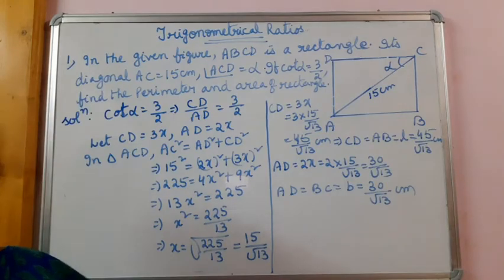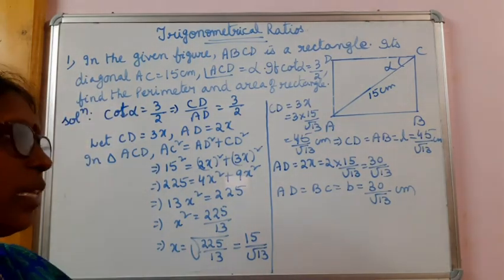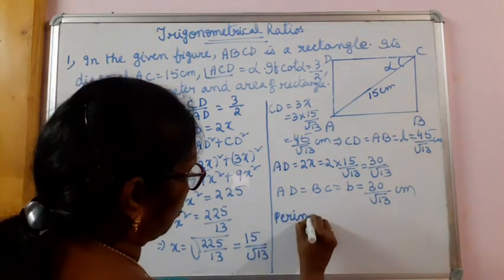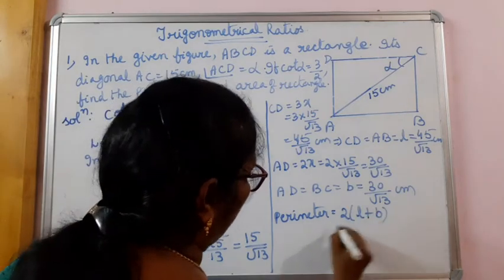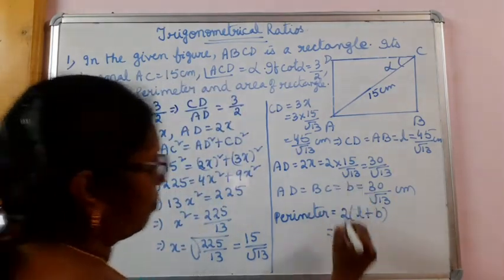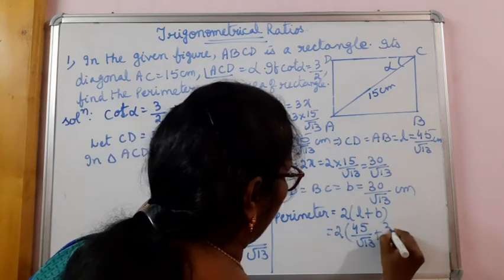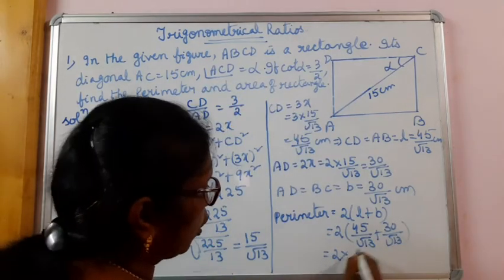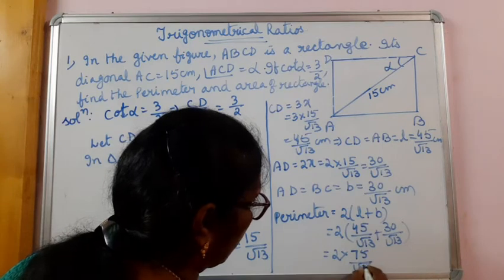We can find the perimeter and area of the rectangle by using the formula. So perimeter of rectangle is equal to, we know that, 2 into L plus B. 2 into, length is 45 by root 13, breadth is 30 by root 13. So 2 into, both the denominators are same, 75 by root 13.